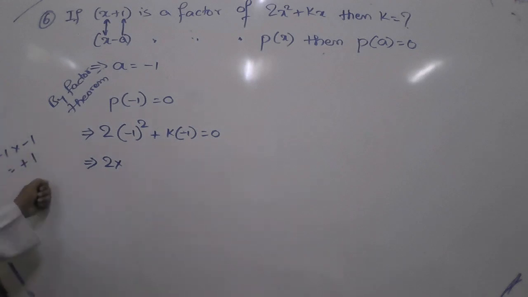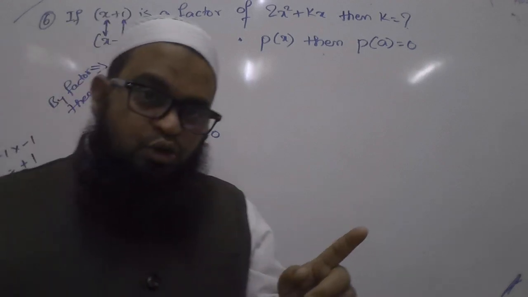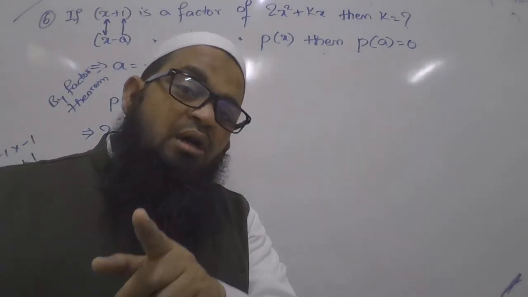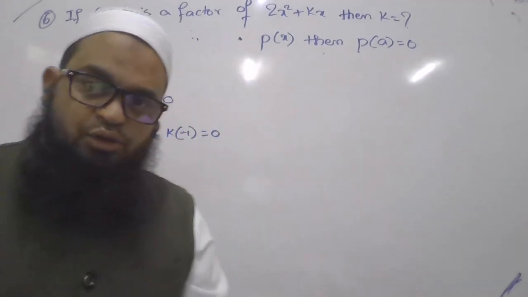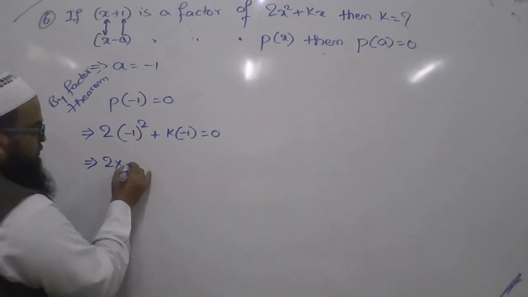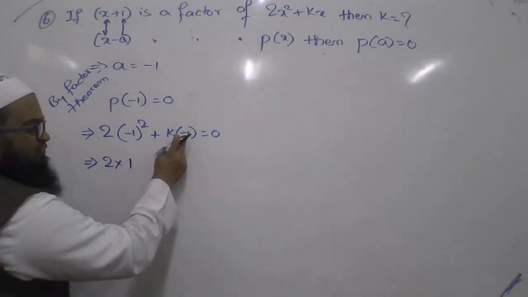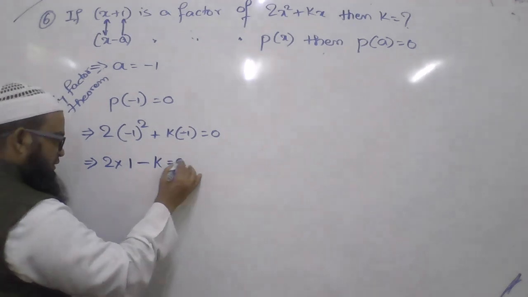Students, I have some space on the left hand side. I am doing it, but you are not supposed to do it. The rough has to be done on the right hand side in your board examinations answer sheet and also in your classwork. So in place of minus 1 whole square, it is 1 plus minus 1 into k is equal to 0.